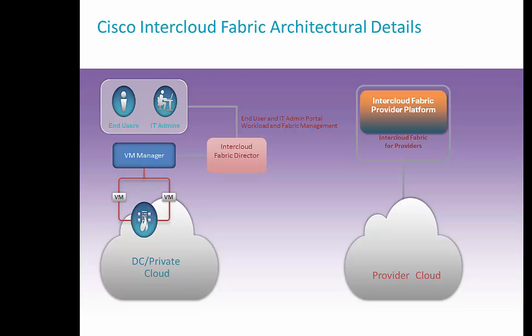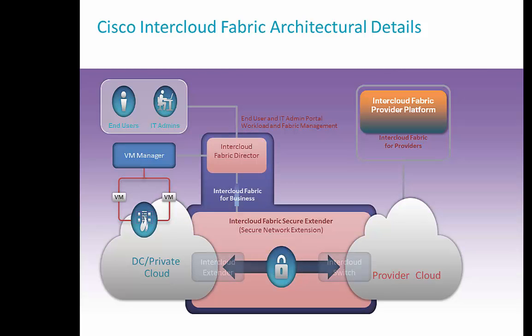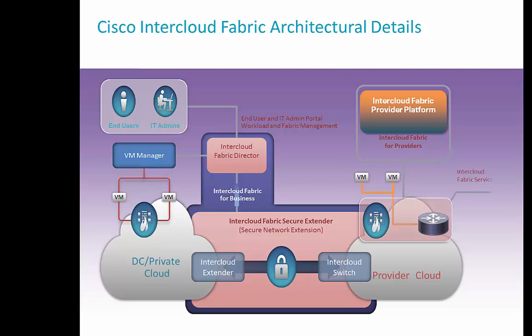But the other part is the seamless operation between private and public. That is taken care of by the tunnel managed by ICF, called the Intercloud Secure Extender. On the VMware side, or in your data center, you deploy a VM which is the Intercloud Extender, and on the cloud side you deploy another VM which is the Intercloud Switch, and they make a tunnel.